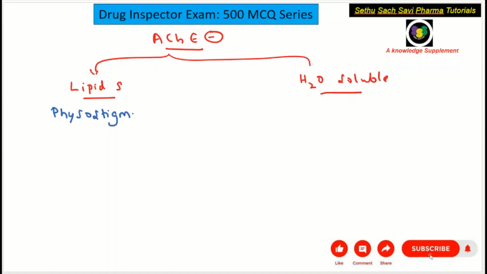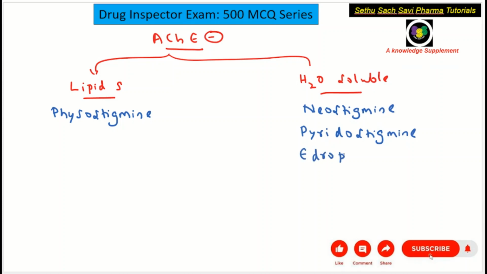So physostigmine is a lipid soluble drug, whereas neostigmine is a water soluble drug. Another example, pyridostigmine, is water soluble. Edrophonium is water soluble. Then ambenonium is water soluble.